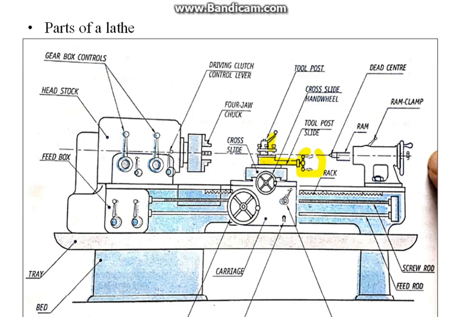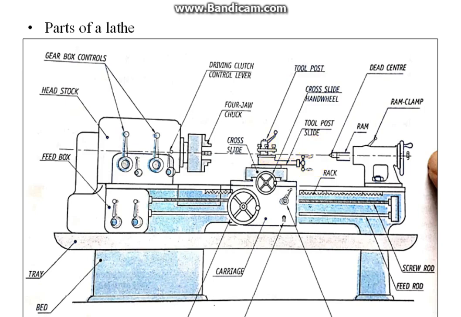Means whenever a taper surface is required, first we calculate the taper angle. After calculating the taper angle, the compound rest is rotated to a particular angle and fixed in that position. Then with the help of this handle, we get the taper surfaces.